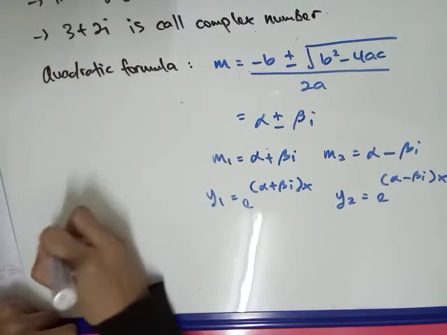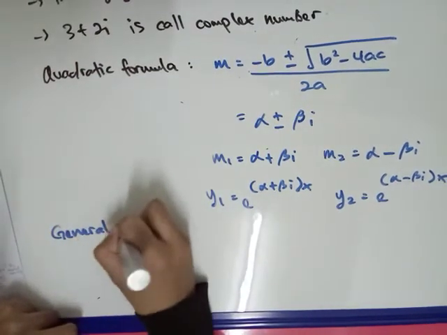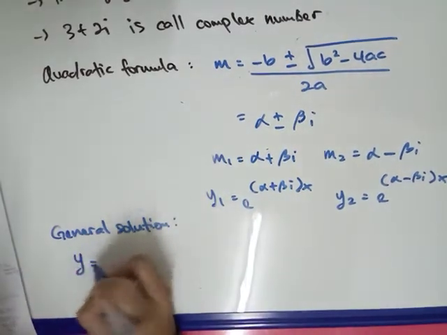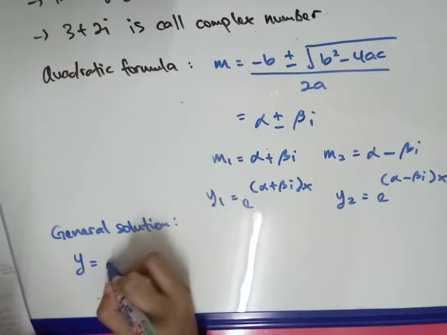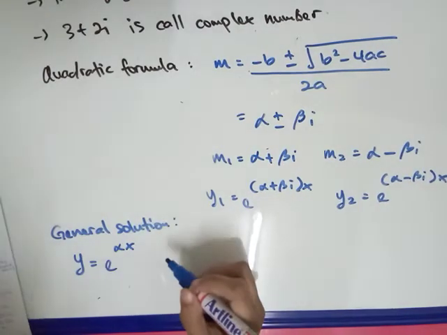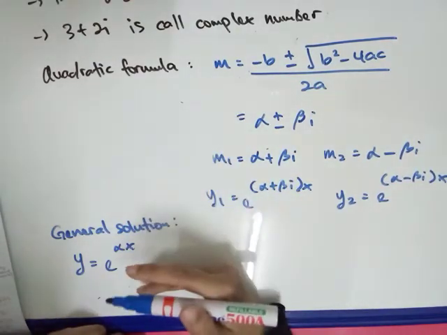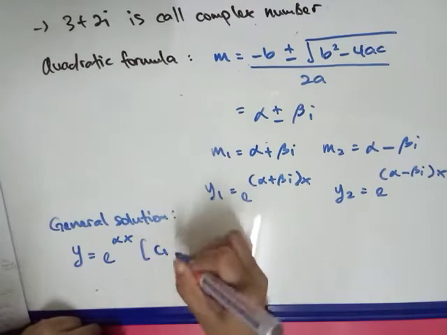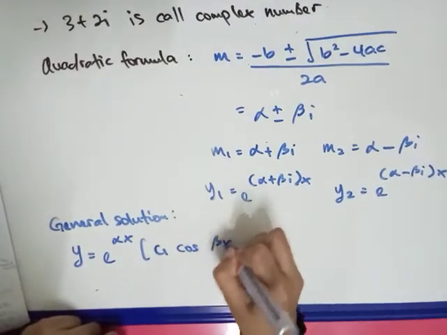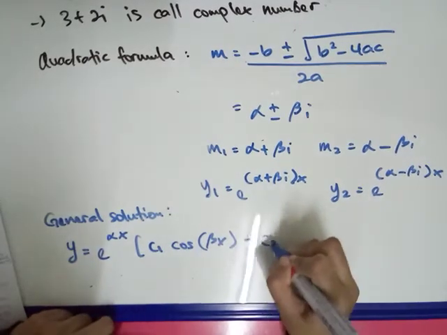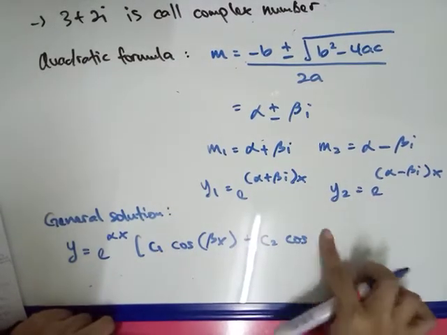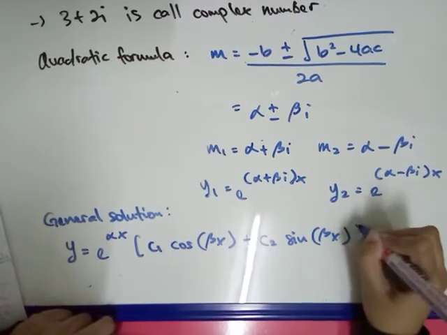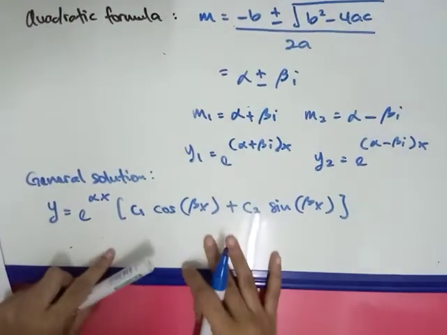Substitute into the general solution. y equals, when we substitute into the general solution for case 3, it will become exponent alpha x times C1 cos beta x plus C2 sin beta x. That is the general solution.